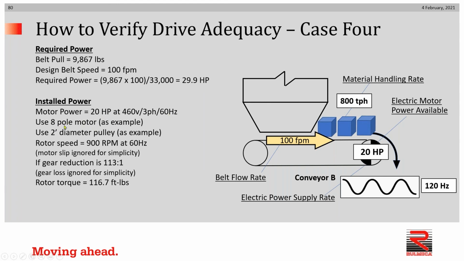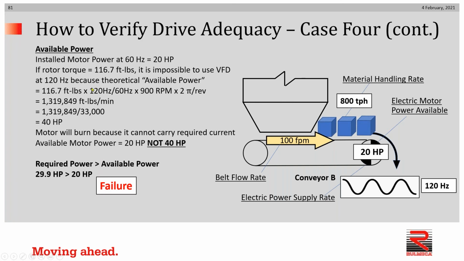Remembering that we're talking about an 8-pole motor in this example and a 2-foot diameter pulley, we can calculate that the rotor RPM is 900 at 60 hertz. We can calculate gear reduction required is 113 to 1, and rotor torque is 116.7 foot-pounds. Now watch what happens.